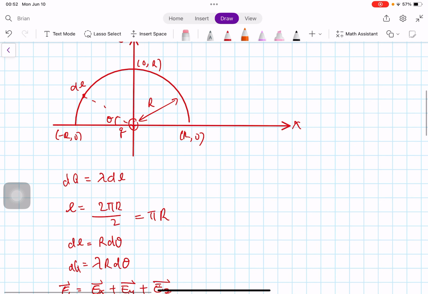First I set up this equation, dq equals lambda dl. Lambda is the charge density along the length of the wire.